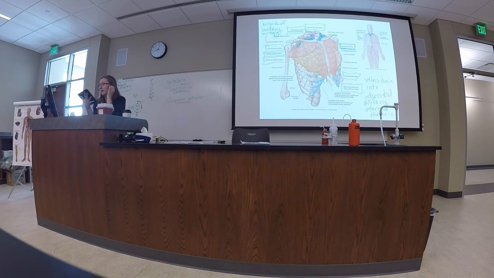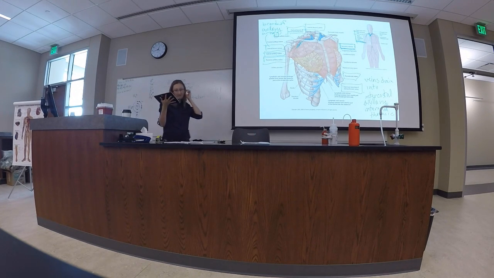And then they pass into the bronchomediastinal trunks of the lymphatic system. So just a reminder here of the overall major trunks of the lymphatic system, and also some of them drain into the subclavian trunk as well.